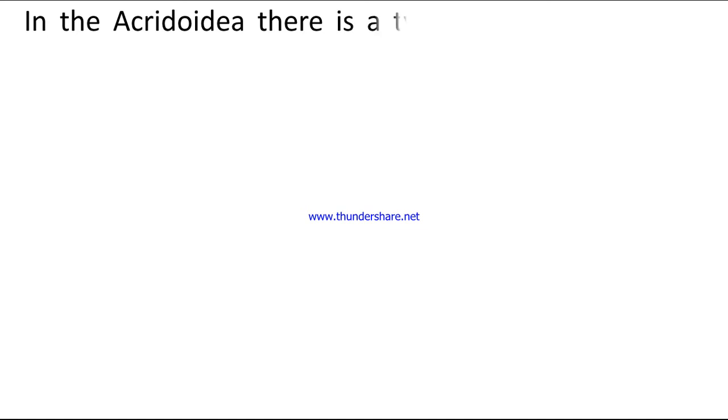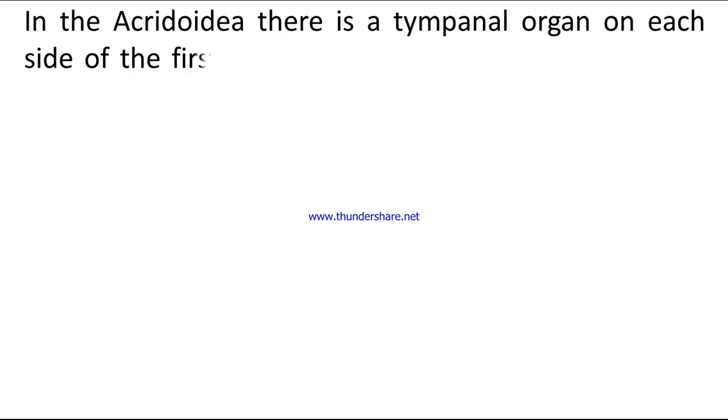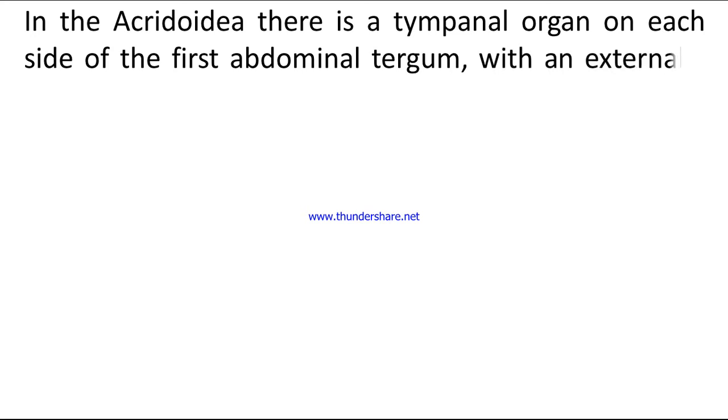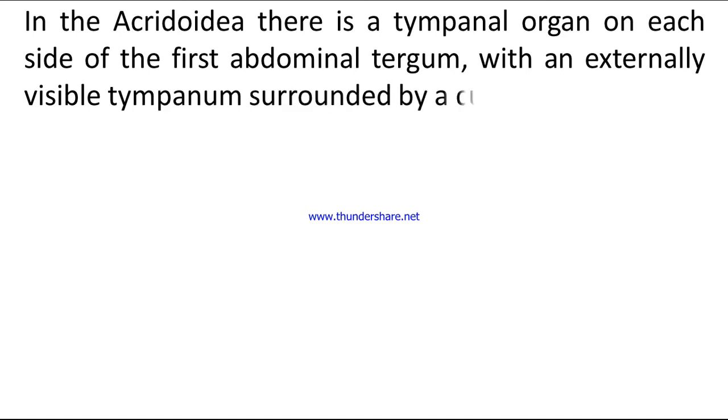In the Acridoidea, there is a tympanal organ on each side of the first abdominal tergum, with an externally visible tympanum surrounded by a cuticular ring.